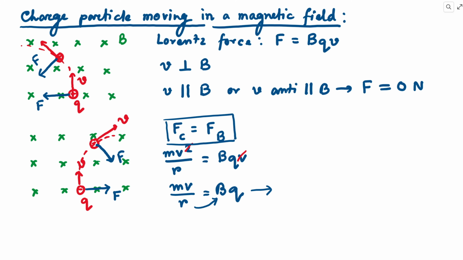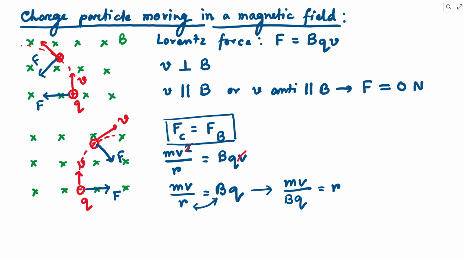I have to swap these two, and I'll get mv over bq is equal to r. So that's how I can calculate the radius of this circular trajectory. It depends on the mass of the charged particle, the velocity of the charged particle, the strength of the magnetic field, and the charge of the particle.